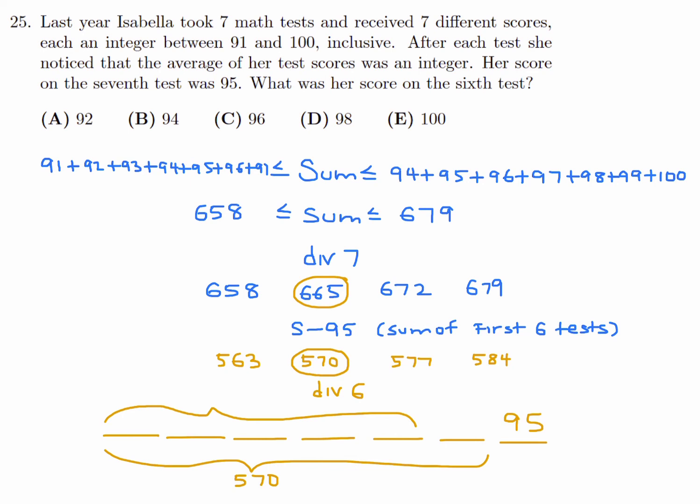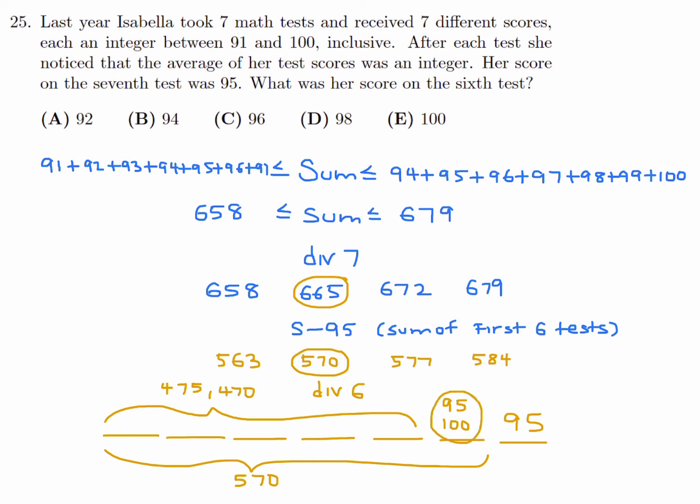And the only way we can do that is to put here either 95 or 100 and test it out. You'll see if we put there 95, then you subtract 95 from 570 and you'll get 475, which is indeed divisible by 5. If you put 100, you will get 470, and that's also divisible by 5.